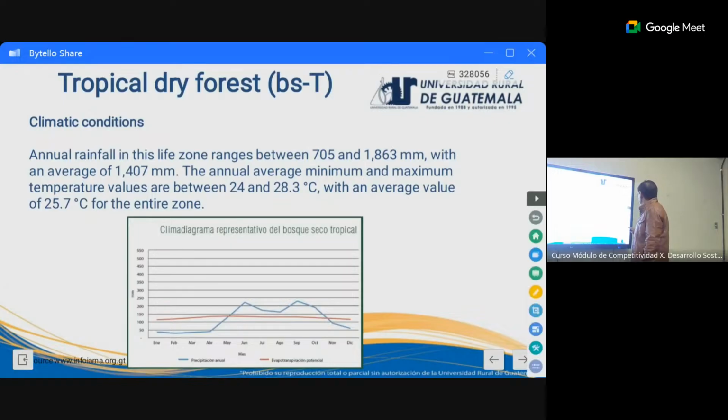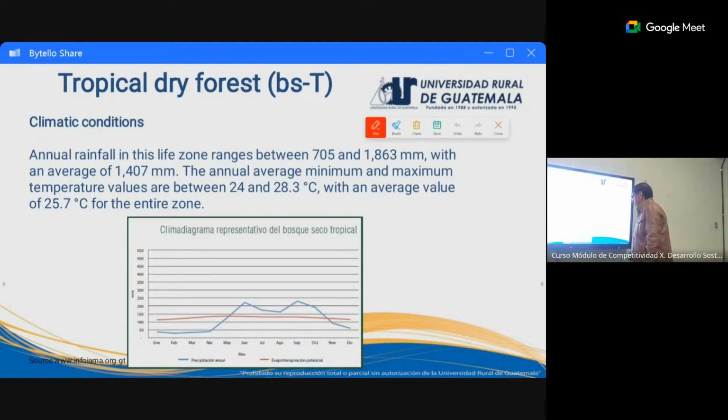Let's analyze this diagram here, this graphic. Let's check the blue line here, where we can see that the minimum and maximum values, it is like 50 millimeters here, 50 millimeters.